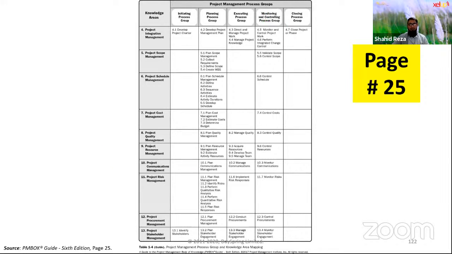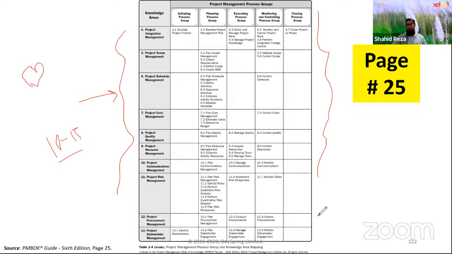This is the heart of PMBOK. If you can understand this table, half of the concept of PMBOK will be clear. When I explain this, it will take 10 to 15 minutes. So after the break, I will discuss this one. Please join after 10 minutes.